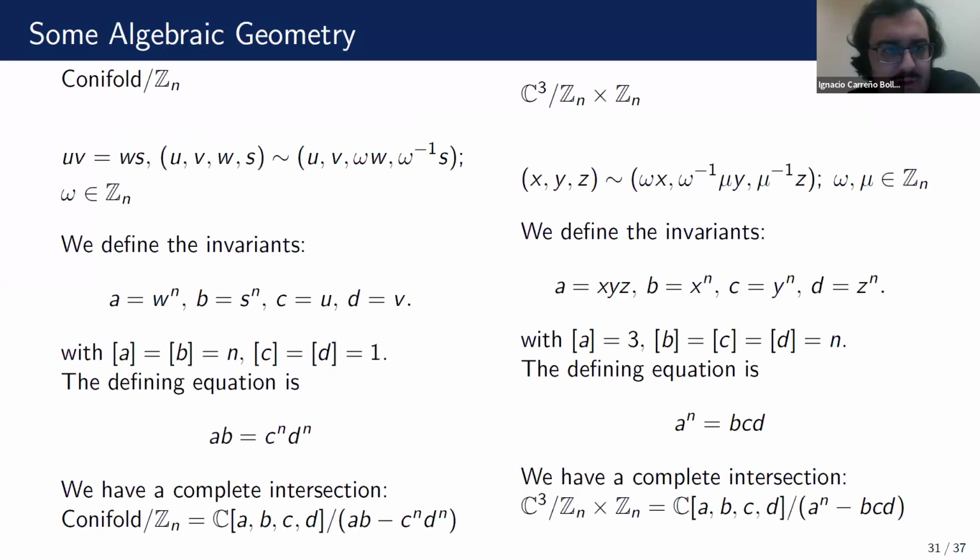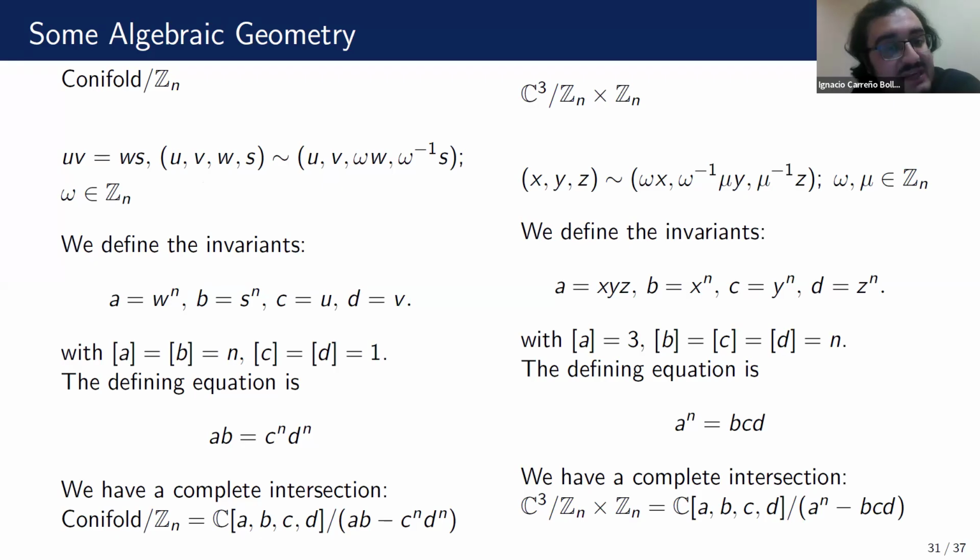So yeah, where was I? Yes. So before continuing, let's talk a bit on the algebraic geometry part of these varieties. So, for example, this Zn orbifold of the conifold is taken from this equation that defines the conifold in 4D. So we have these 4 coordinates, and we add this orbifold action given by this omega Zn factor. Now, these 4 original variables are not invariant under the orbifold action.